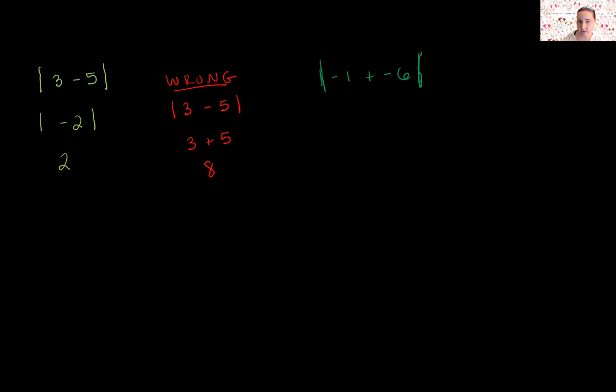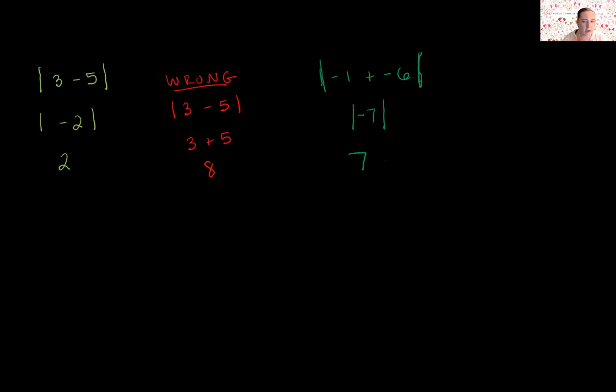So I have to do that first because I don't have one number inside there. So -1 plus -6 is a -7. So now I have a -7 inside my absolute values. Now I can take the absolute value and it will turn that -7 into a +7. So your correct answer here is 7.